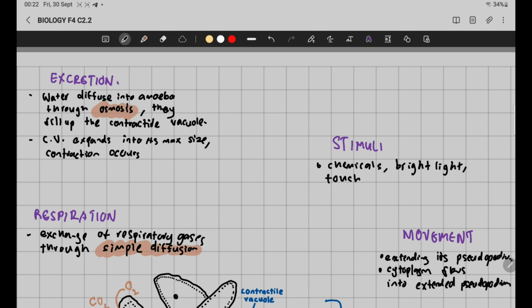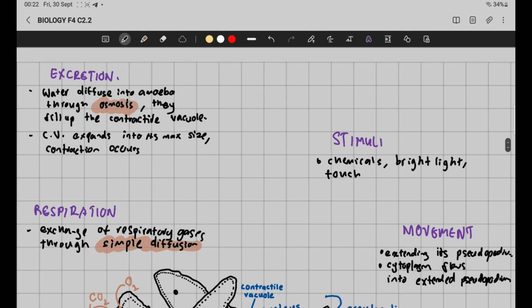You can imagine a balloon. You put water in it, and as it expands to its maximum size, it will start to shrink or contract, so that it cannot fit more water, and the balloon slowly contracts and pushes out the water, just like this contractile vacuole. And then the water is excreted from time to time as the contraction occurs and pushes the water away, in simple terms.